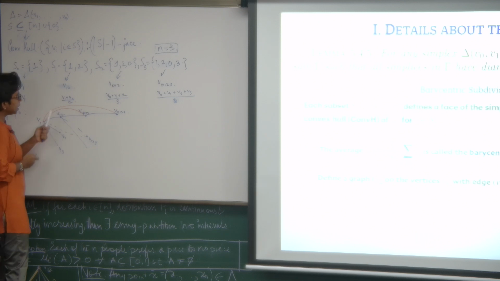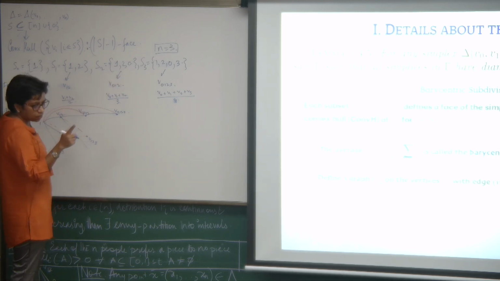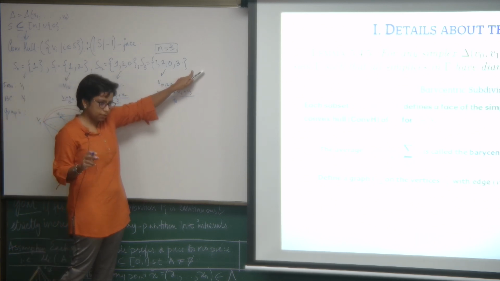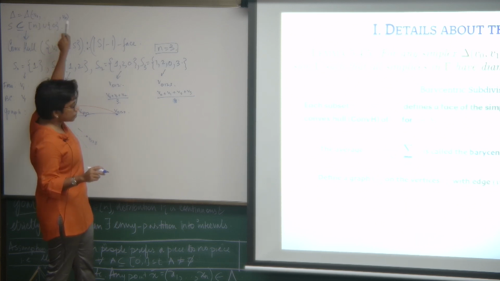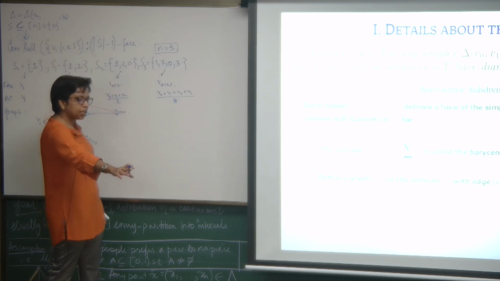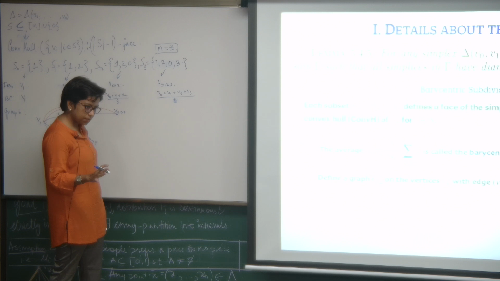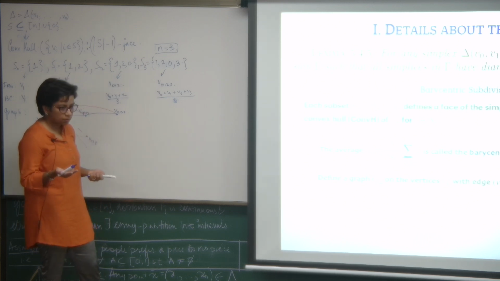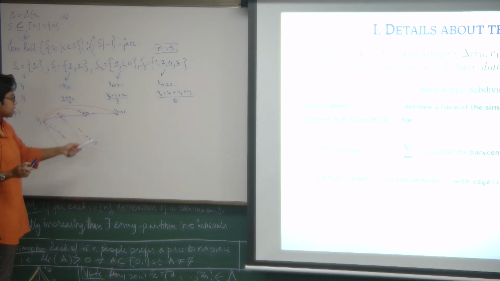Now do you see that whenever I have a chain like this, it starts from a single vertex and ends with the entire vertex set, the indexing of this base simplex, they all define a clique, and each of those is a maximum clique. Yes, they are cliques of size n plus 1.